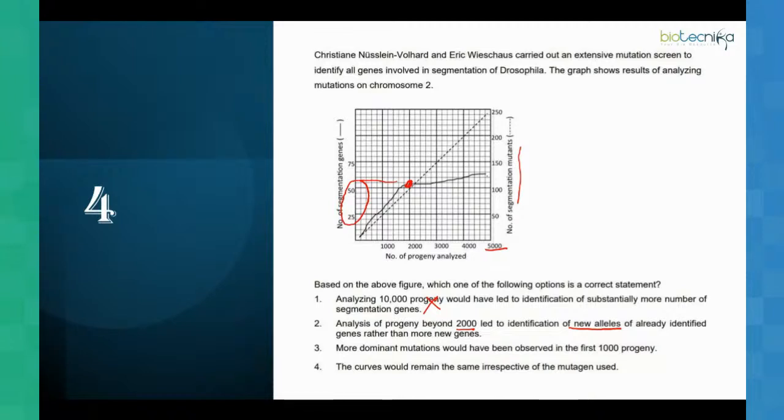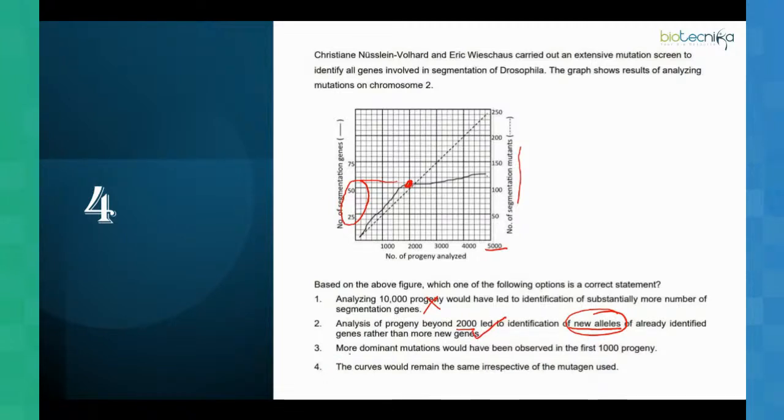So beyond 2000, analysis of the progeny led to identification of new alleles of already identified genes rather than new genes, because the number of genes is not increasing, but the number of mutants is increasing. So these mutants must have mutations in the already identified genes, right? So it resulted in the identification of new alleles of the already discovered genes. So this seems correct. What about 3 and 4?